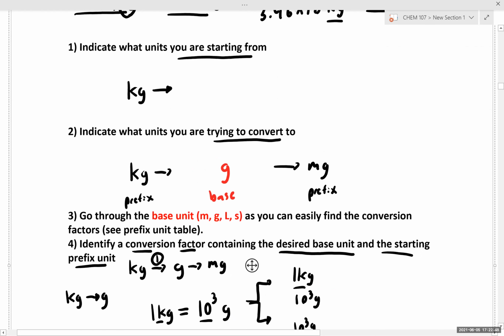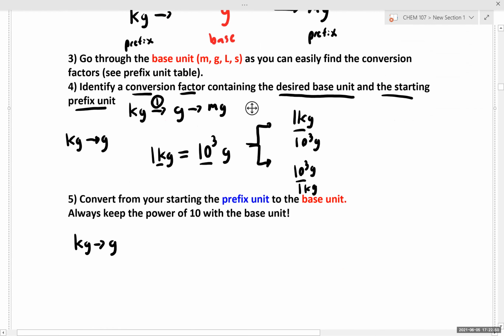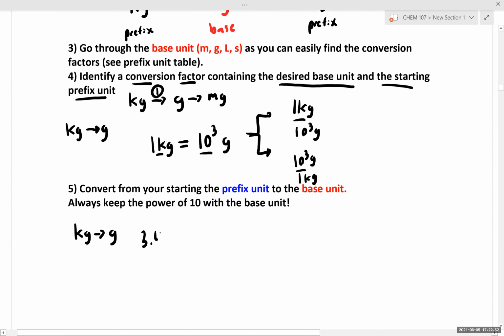So let's bring our number into this. So we have 3.46 times 10 to the first kilogram. And we want to go from kilogram to gram.